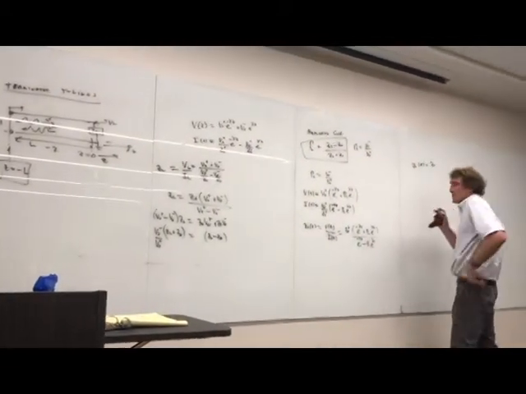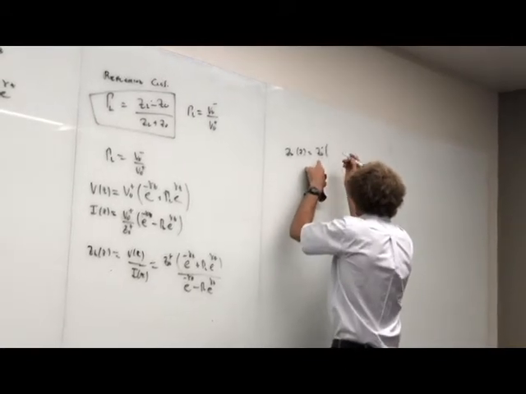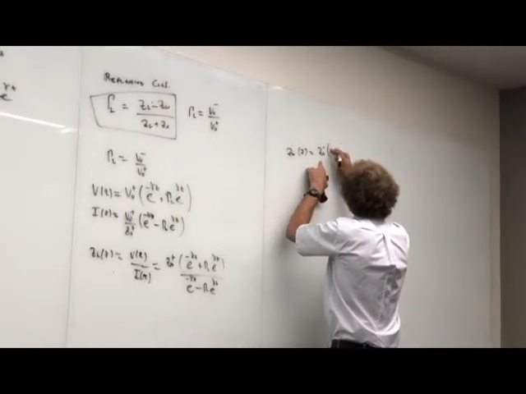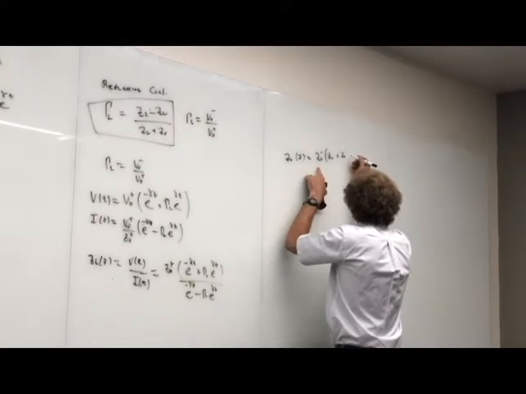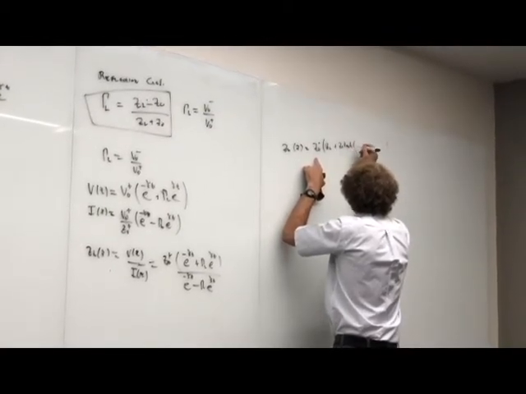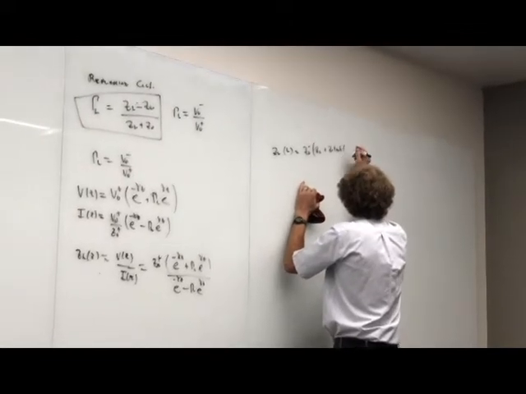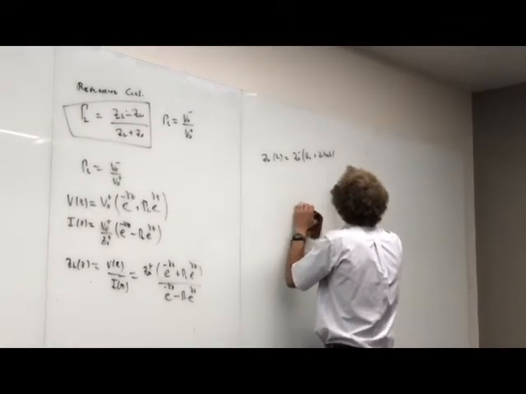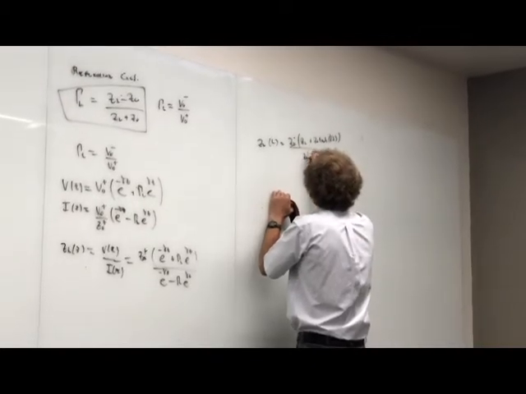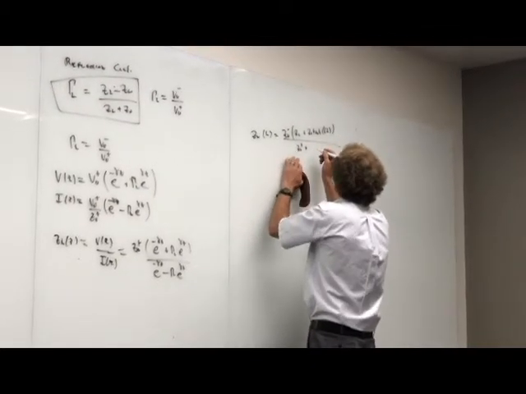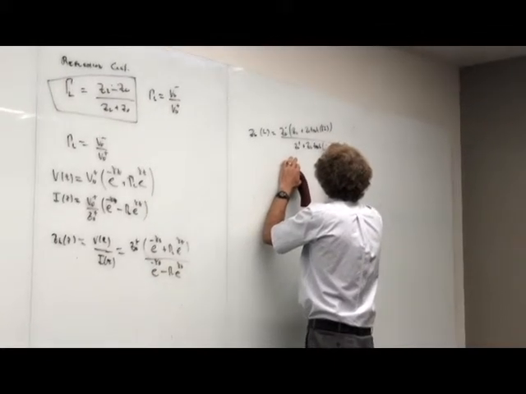It says that the input impedance, and this is the general one, would be Z0 times ZL plus Z0 times the tanh of gamma L, over Z0 plus ZL times the tanh of gamma L. I better put this as a function of gamma L, not beta, gamma L.